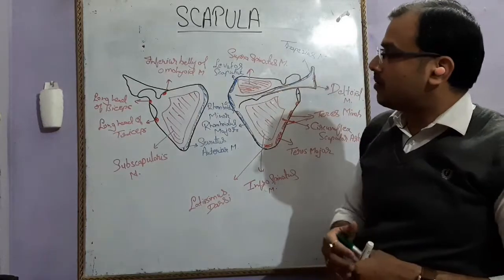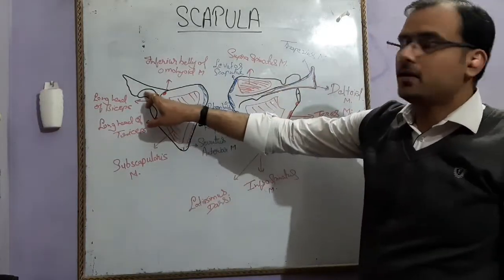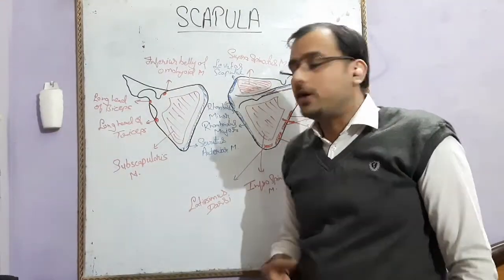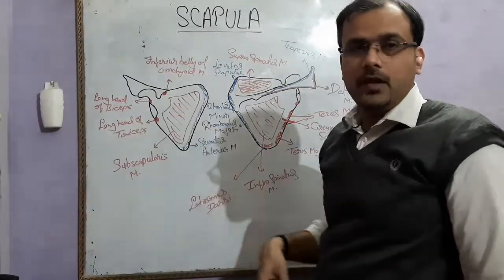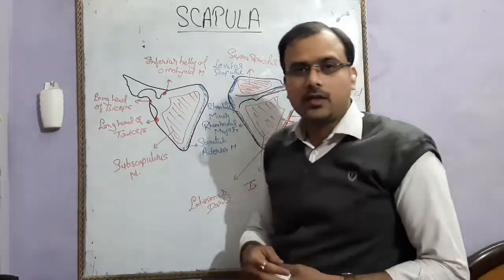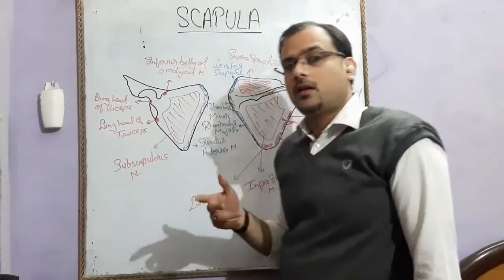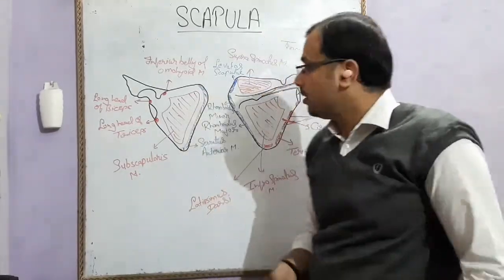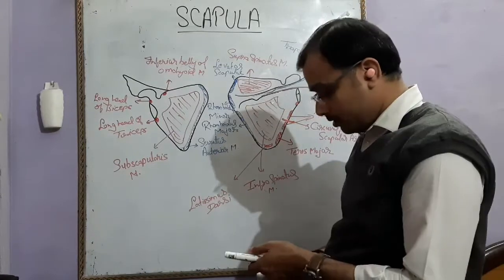Now we will discuss the attachments on the coracoid process, which is more important from the viva point of view. On the coracoid process, three muscles are attached along with three ligaments. What are the three muscles?